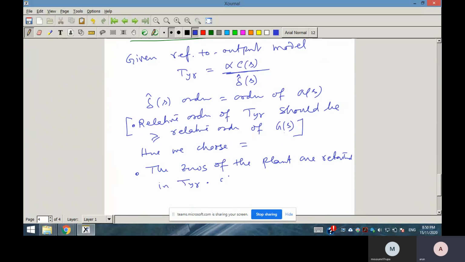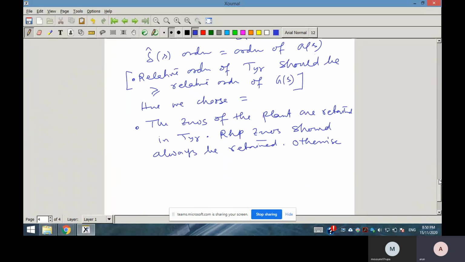Otherwise, RHP zeros should always be retained. Otherwise the desired model matching, the 2DF controller cannot be designed, because it will be internally unstable.